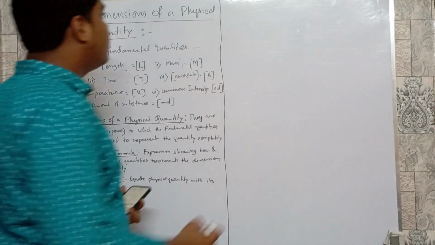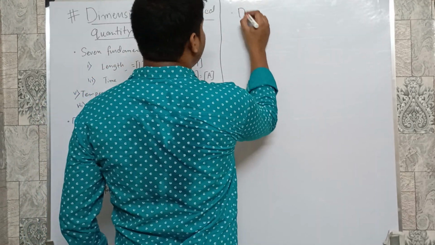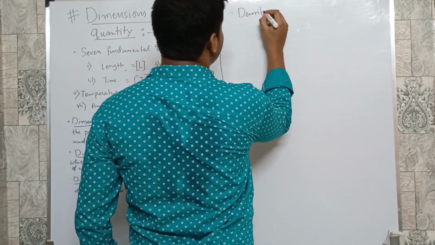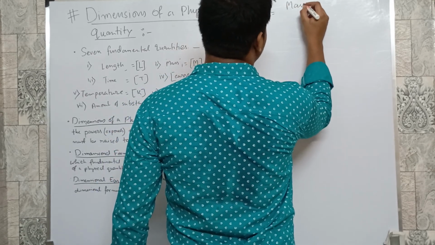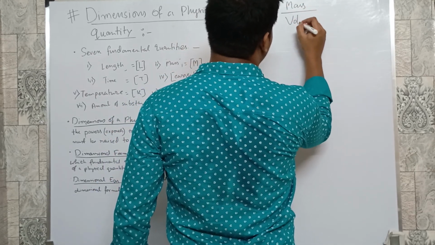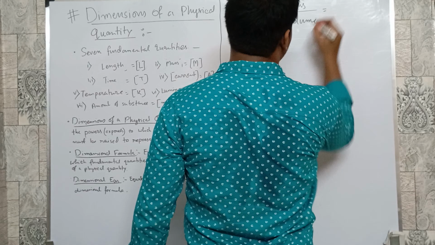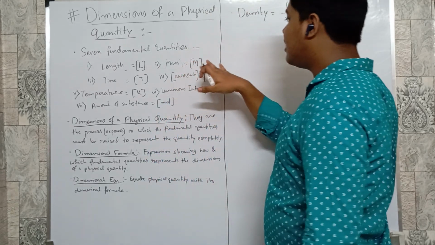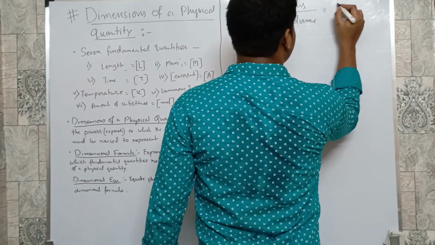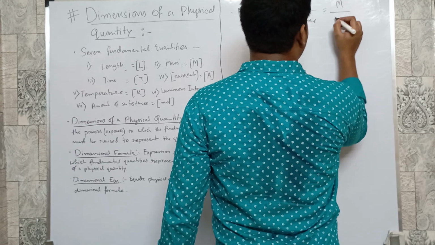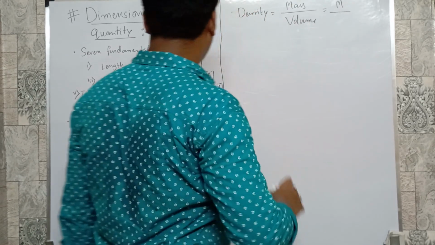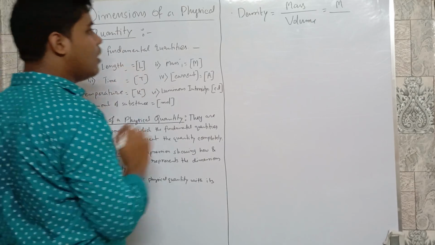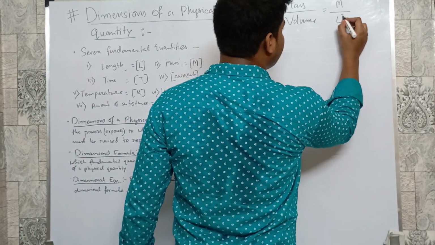Let's take an example. We know that density is defined as mass per unit volume. For mass the dimension is M, and volume is the cube of length, so it will be L cube.